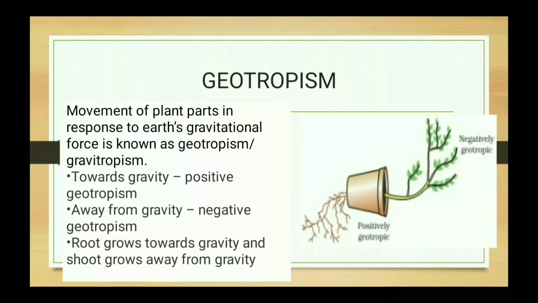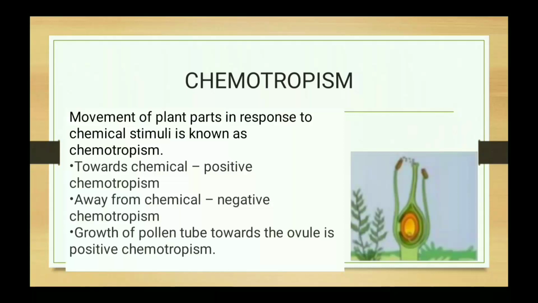The root shows positive geotropism and the stem shows negative geotropism. Then moving on to chemotropism. Movement of plant parts in response to chemical stimuli is known as chemotropism. Towards the chemical it is positive chemotropism. Away from the chemical it is negative chemotropism.